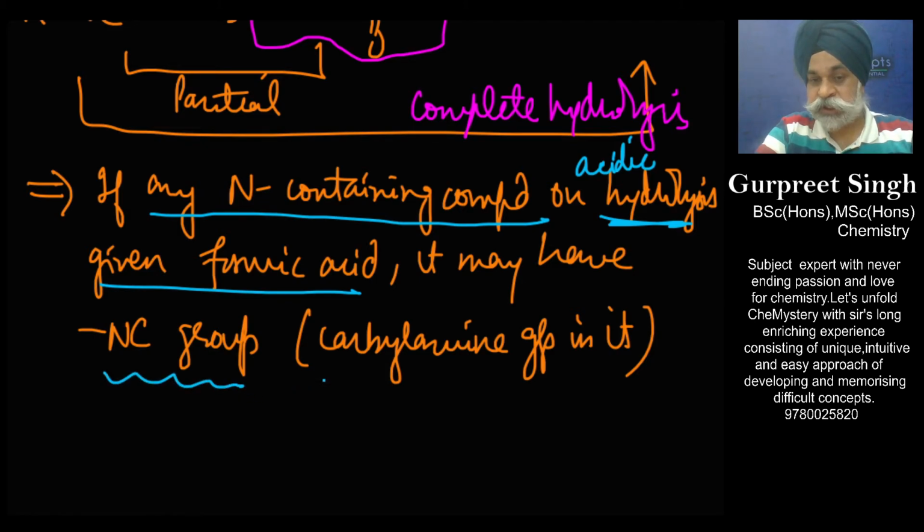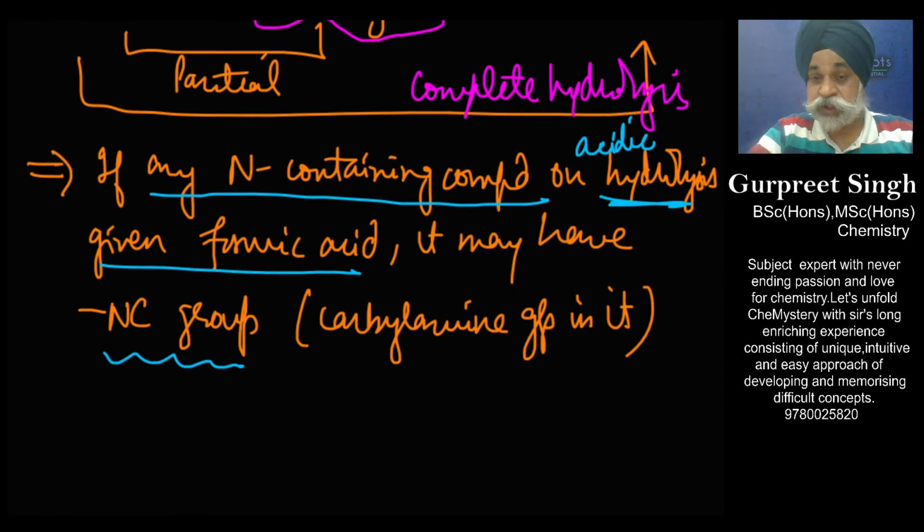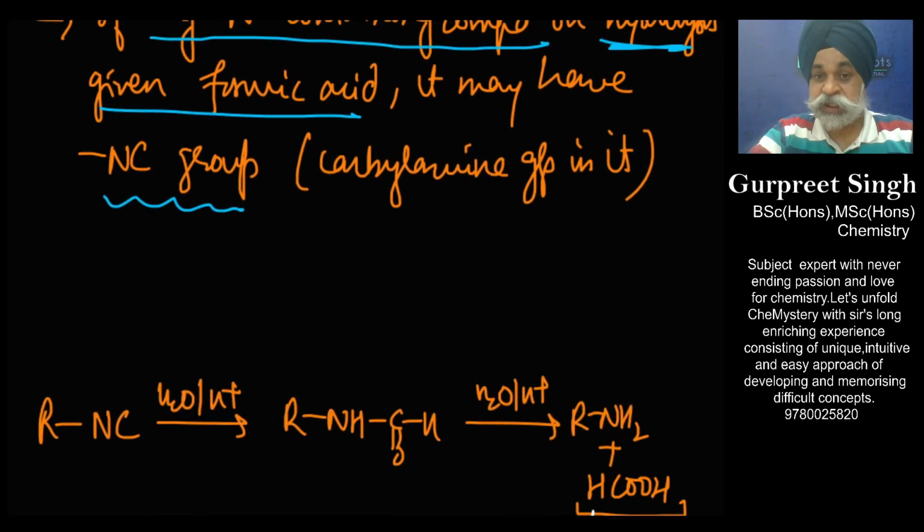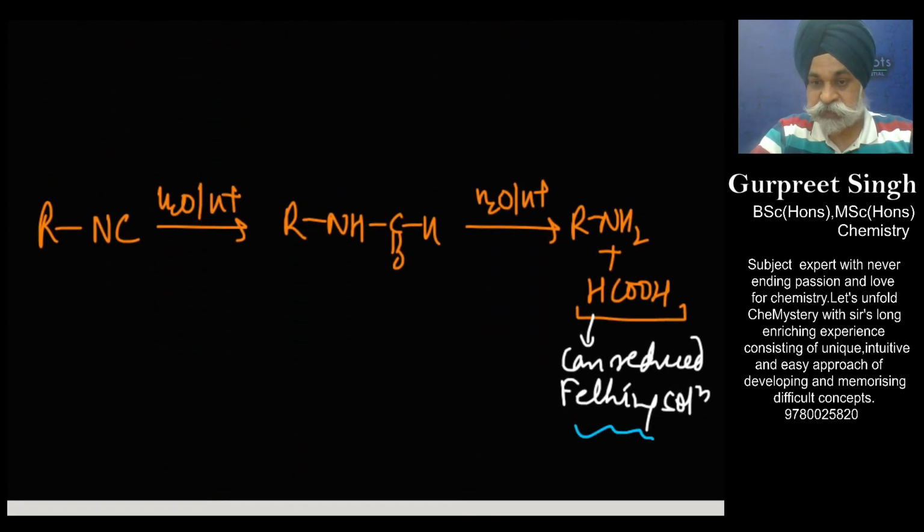NC group is also called the carbylamine group. So if on the hydrolysis of a nitrogen containing compound you end up getting formic acid, which can be reduced with Fehling solution, then the starting material must have some NC group or carbylamine group.